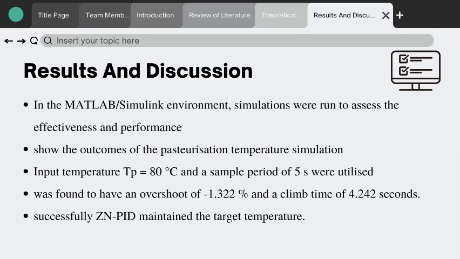Input temperature Tp equal to 80 Celsius and a sample period of 5 seconds were utilized in the simulation to get the results for ZNPID temperature control of the pasteurization process shown in figure 8. Figure 9's line graph was found to have an overshoot of negative 1.322% and a rise time of 4.242 seconds. The graph demonstrated how successfully the ZNPID maintains the target temperature.